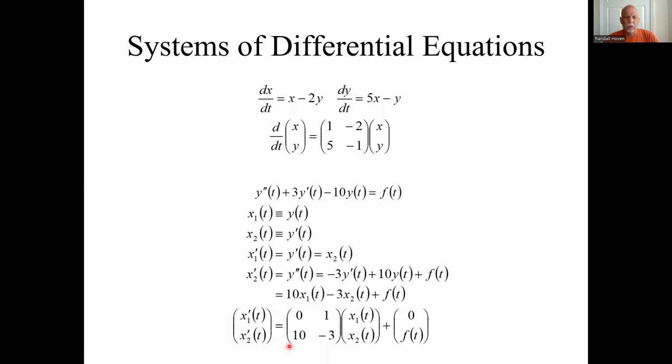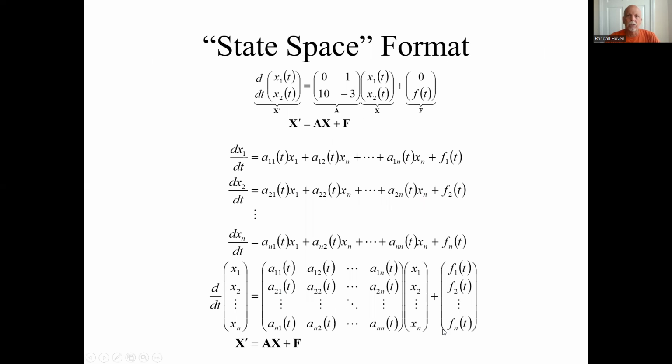Derivatives on the left, the rest of it on the right. This one had an input, external input f. These two didn't, it's just x and y. So here's the idea. Here's the general form. Well, that falls into the general form I'm going to call state space.